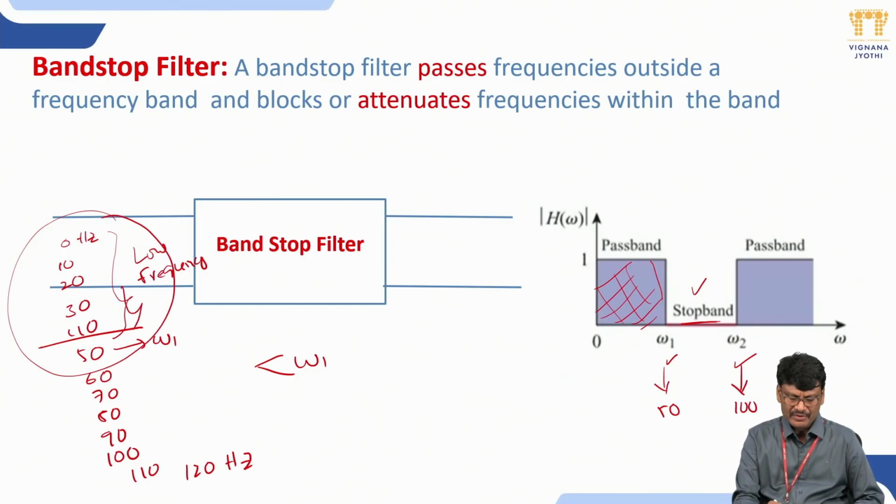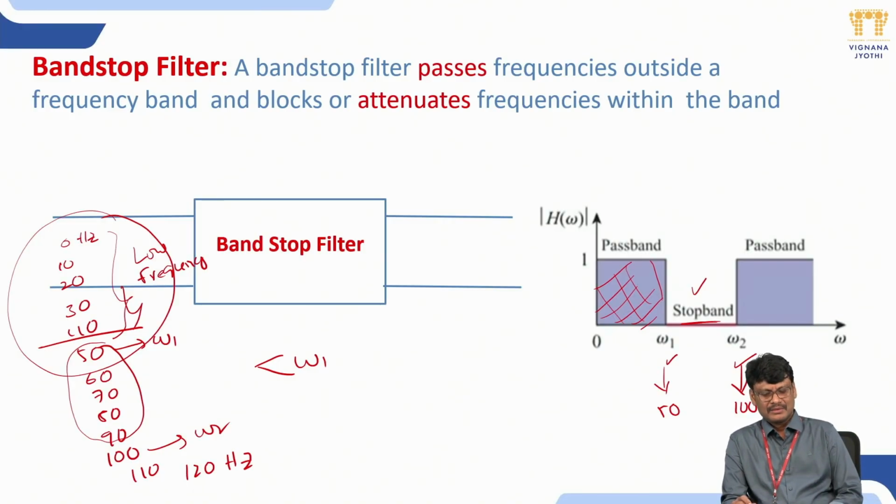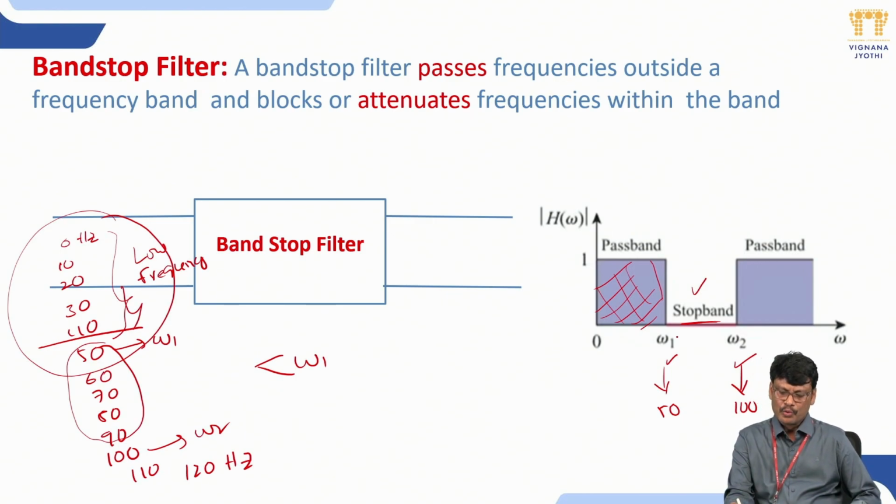Now what is happening in between omega 1 and omega 2? This is the frequency range. Coming to the band stop filter, it stops the passing of signals through the filter from omega 1 to omega 2. It's a frequency range.